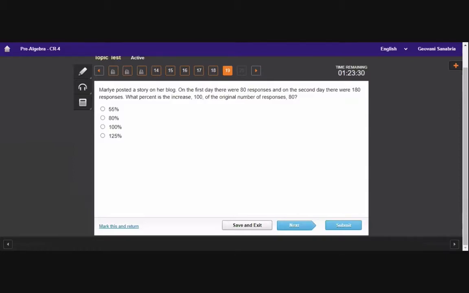So like if you were, so 50% of 80 is 40, right? Mm-hmm. So if you added 40 to 80 and got some number, that would be a 50% increase. Well, right now they're adding 100 and they're saying what percent increase is that? So you could do 80 plus 55%. Does that give you 180? Or 80 plus 80%, does that give you 108? And then just keep trying it like that.